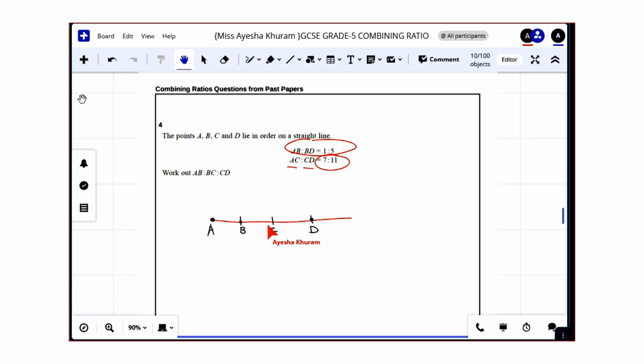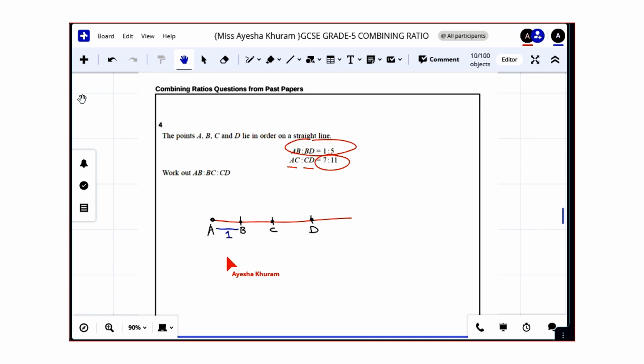They give me a ratio. Let's label it to make the question easier and make more sense. A to B. I'm using different colors so it's easier for you to follow. I'm going to use blue. A to B is 1.